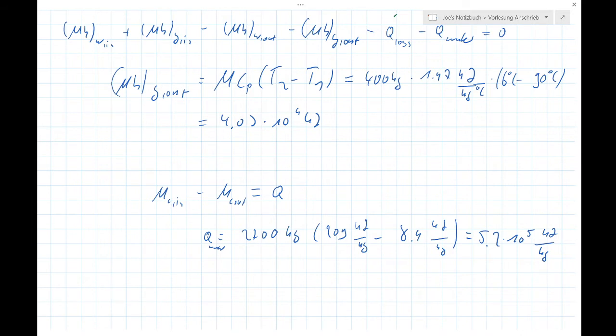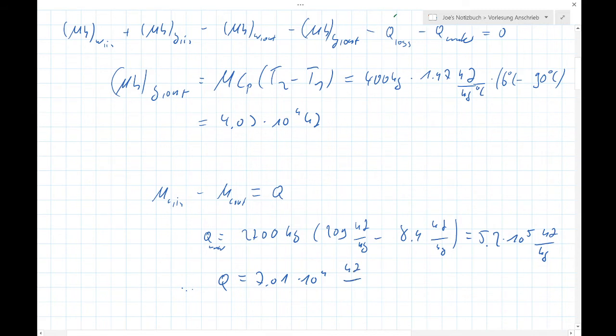We have the specific enthalpies of water from the steam tables. We have calculated the specific enthalpy for gluconic acid out. We have calculated the amount of heat which has been transferred to water. Then we pack everything in the formula, and we end up with Q equal to 7.01 times 10 to the 4 kilojoule per kilogram.